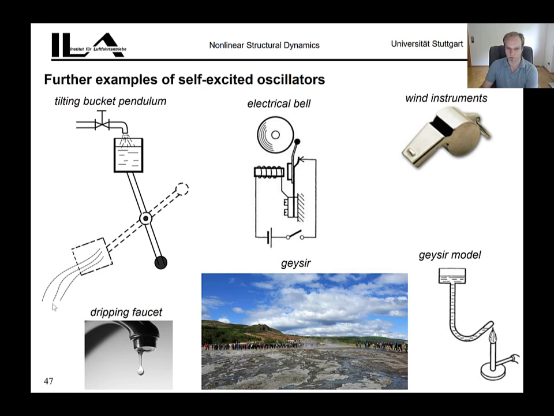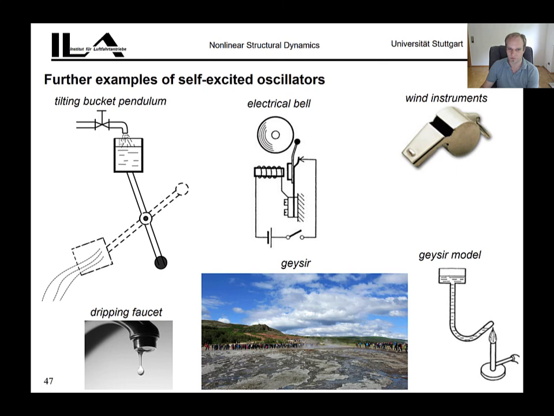Then this water will flow out, of course, and then the mass here is lighter, so that the pendulum wants to get back to its initial position, and then the process repeats. So this is an example. Here the energy comes from the potential. So basically the potential energy is the one that the system receives by its own dynamics.